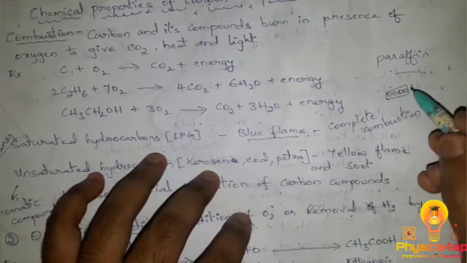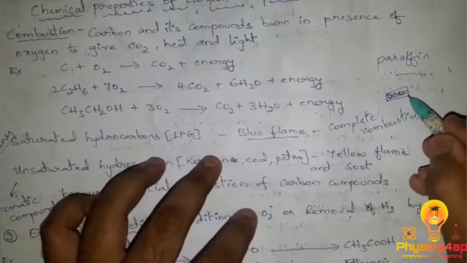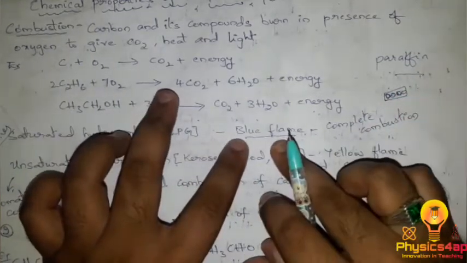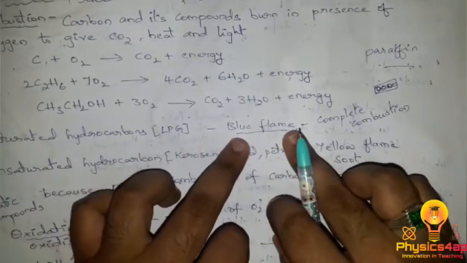As the temperature rises, the vibration between the particles also rises and produces a blue flame. When the particles vibrate, they have a certain frequency, and that frequency equals the color blue, and that is why we get a blue flame. So all the saturated hydrocarbons like alkanes, for example LPG, produce a blue flame due to complete combustion.